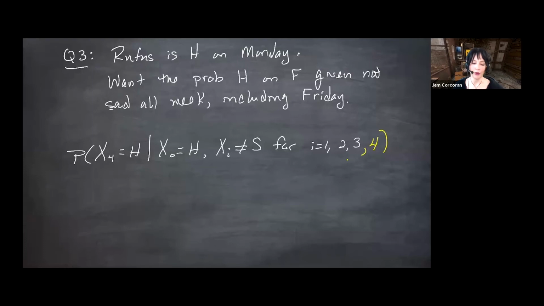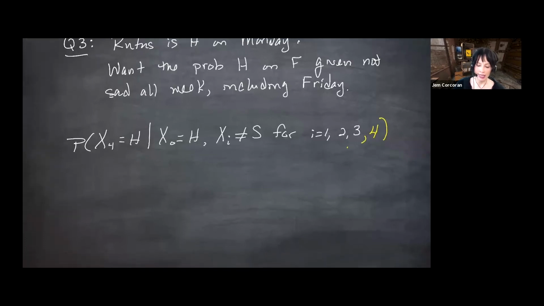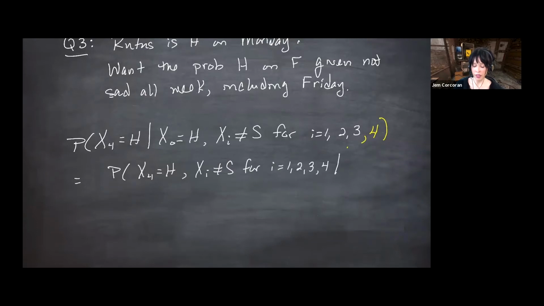Right, so I'm going to do the same thing, and I'm going to skip the steps where I wrote in the corner, A given B intersect C. I'm just going to go to the same sort of conclusion, which is I can move everything to the left side and leave the X naught equals H on the right side. And I will get, so X4 is H, and Xi is not sad for i equals 1, 2, 3, and 4, given X naught is happy.